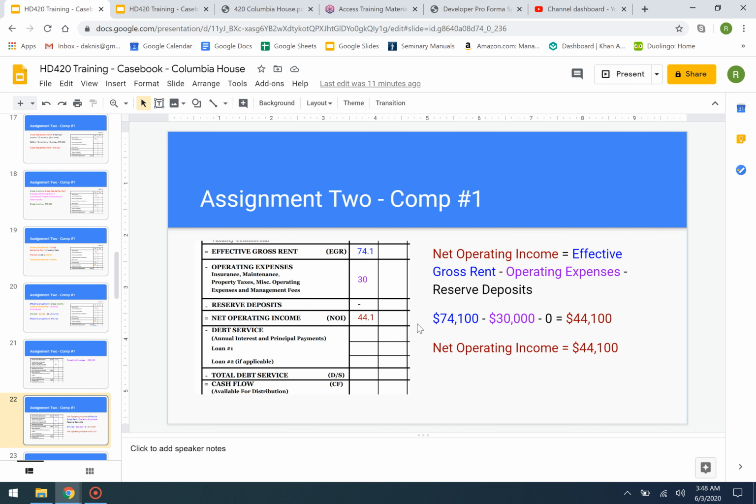And then in order to get our NOI, we take our effective gross rent and we minus our operating expenses. Again, use these symbols on the left to help you as you're going through. We don't have any reserve deposits again. So 74,100 minus 30,000 equals our 44,100 NOI. So we have our NOI for our very first comp.